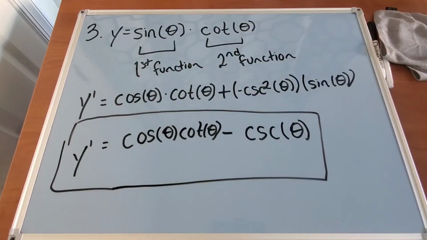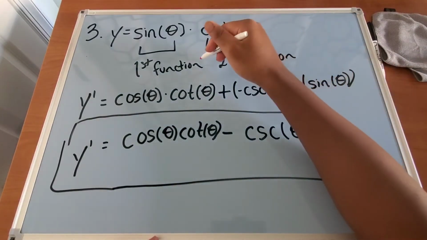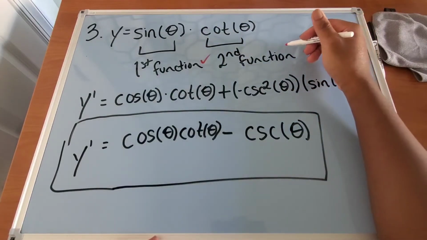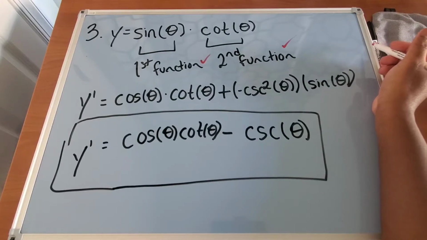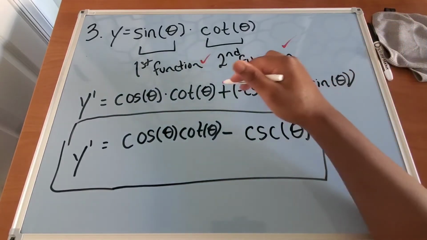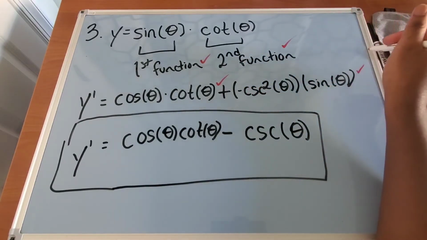And then we can check this. So we identified sine theta as our first function. We identified cotangent as our second function. And then we took the derivative of the first function, which is cosine theta times cotangent, so this part is right. The negative cosecant squared theta times sine theta, so this part is right.